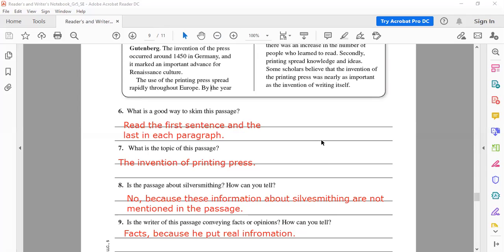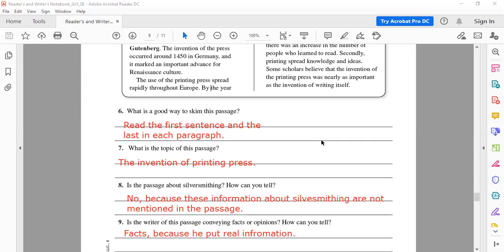The printing press. طيب, what about it? Tell me a full sentence. The inventor of the printing press was a goldsmith named Johannes Gutenberg. The invention of the press occurred around 1450. Is all of this the main idea?